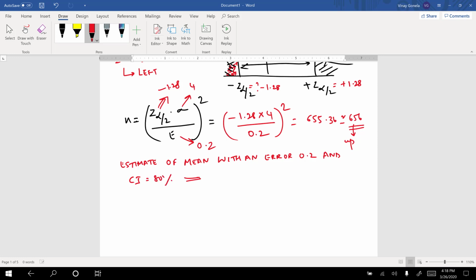You need around 656 samples. So your n will be 656. That is what we are trying to determine with this.